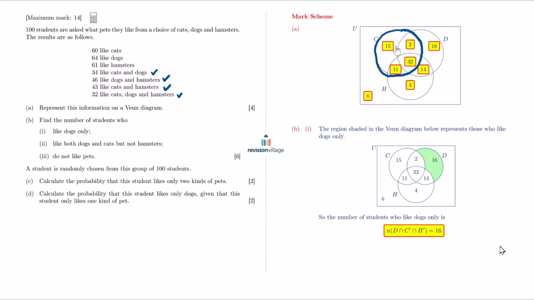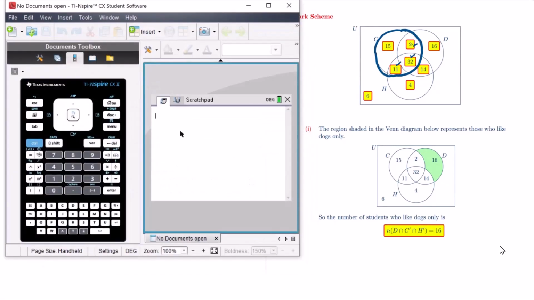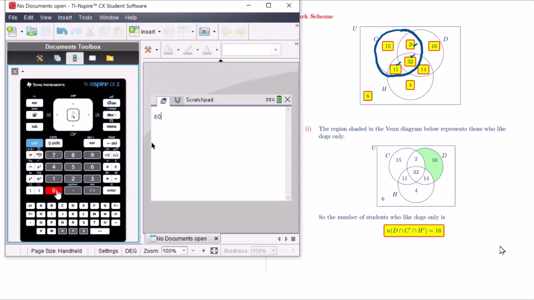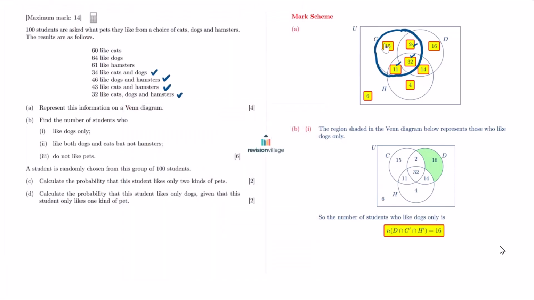Now, we already had the 2, the 32, and the 11 from prior parts. So the way that I like to think about this is, okay, I know my total needs to be 60. So I'm going to subtract away the 2, I'm going to subtract away the 32, and I'm going to subtract away the 11, and that leaves 15. So 15 students like cats, but not any other animal.